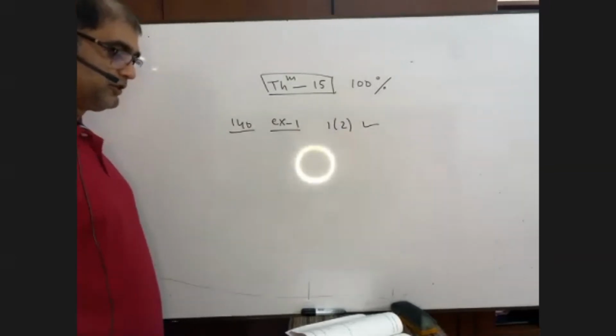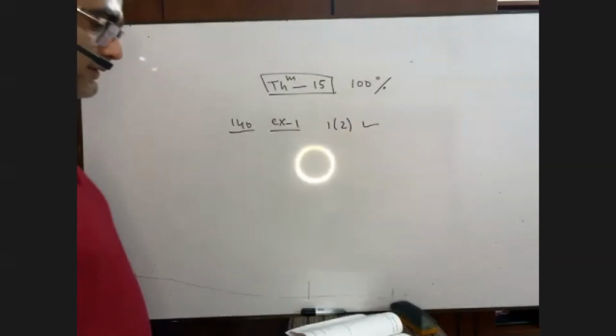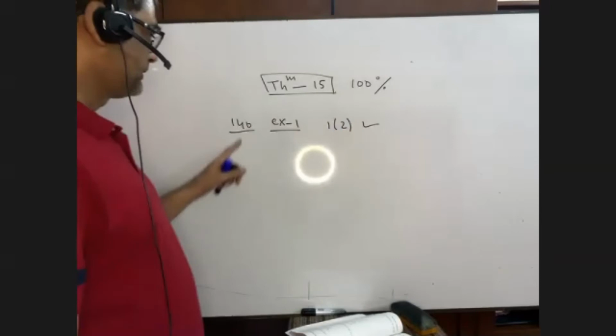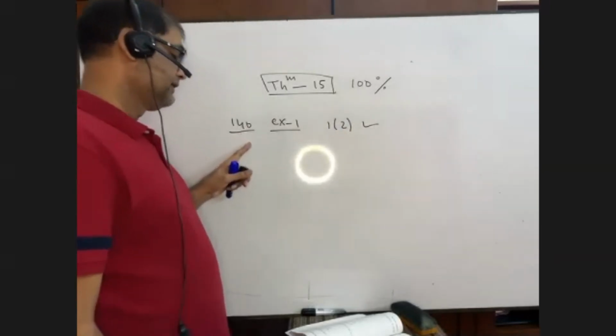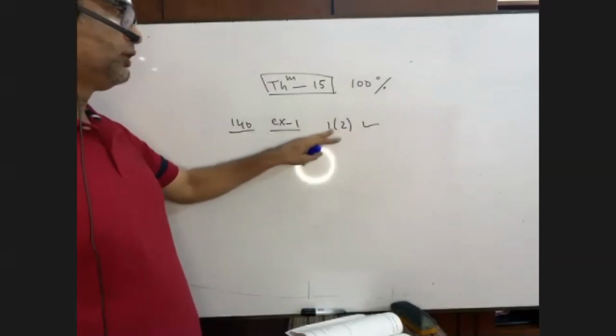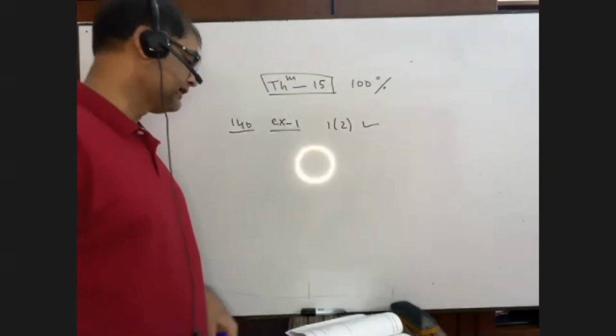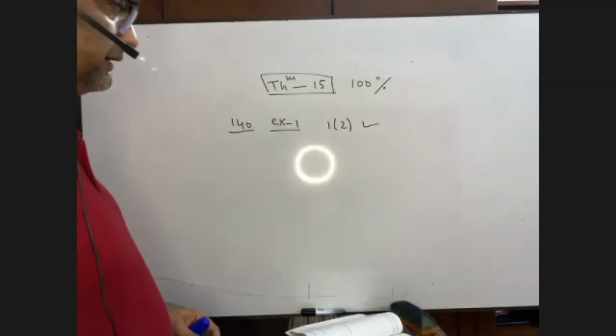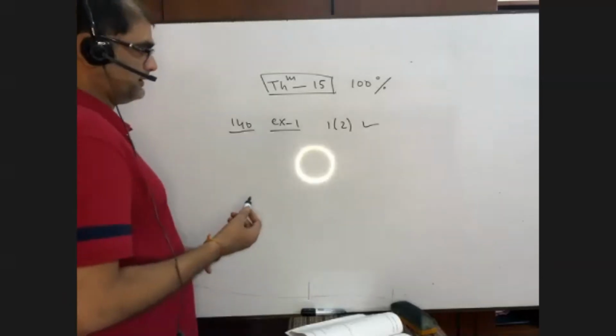AB plus AC greater than 2AB, like this. Can you remember? Yes, sir. We did it.